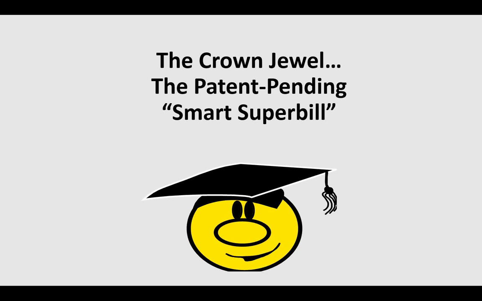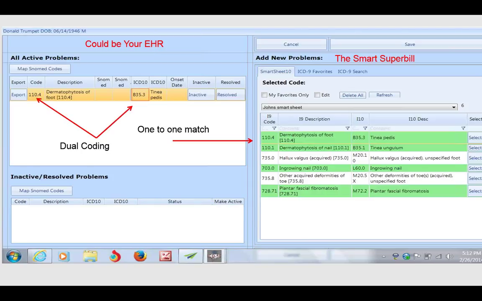That's about to be completely disrupted as we move towards this daunting change. But the SmartSheet10 technology brings that capability back for you. It allows every provider, even of the same practice, to create their own unique smart super bill in literally 10 seconds.